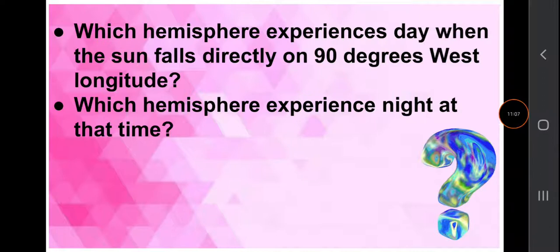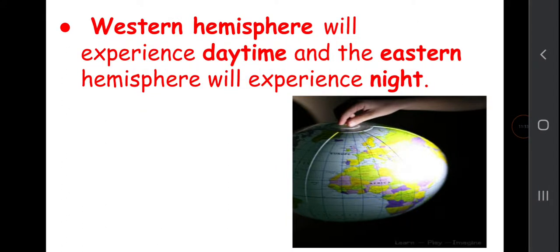Now answer, which hemisphere experiences day when the sun falls directly on 90 degrees west longitude, and which hemisphere experiences night at that time? What do you think? Obviously, western hemisphere will experience daytime, and the opposite will happen in the other hemisphere.